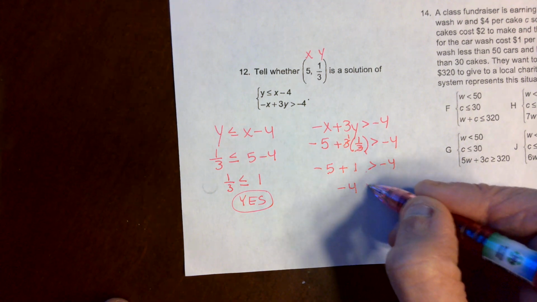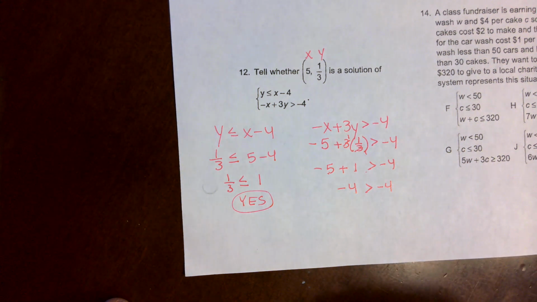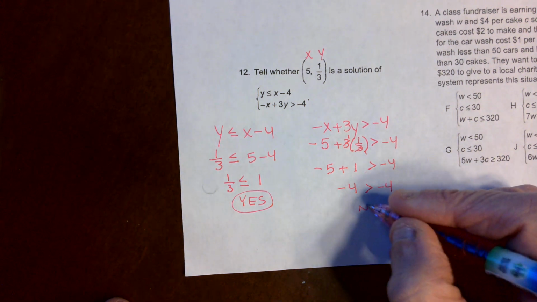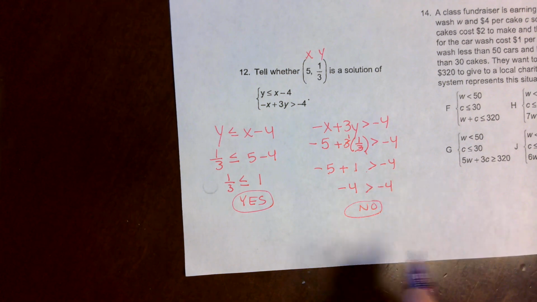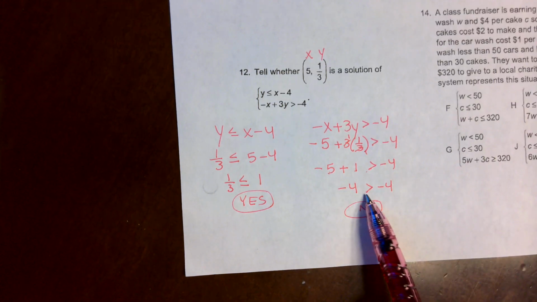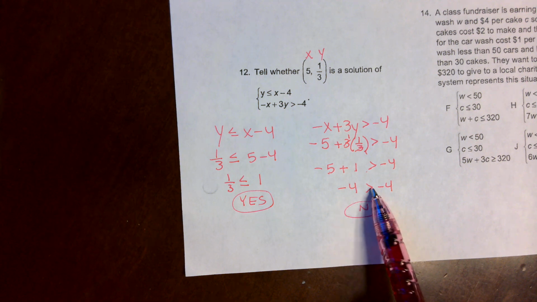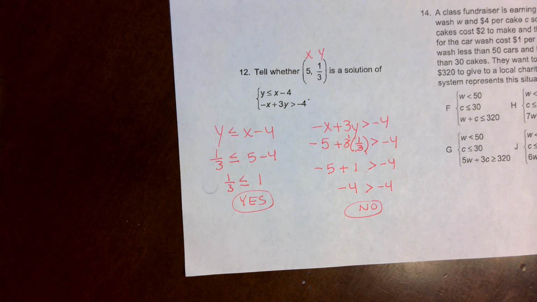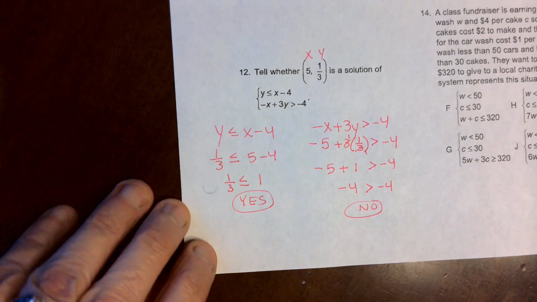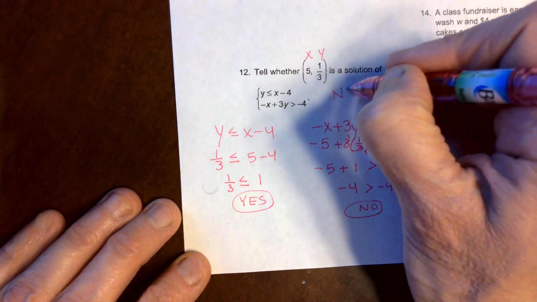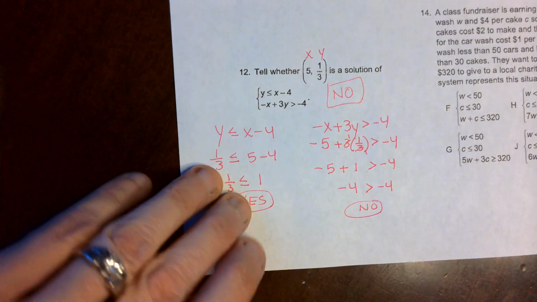Is negative 4 greater than negative 4? No. If this equation had had an equal under it, it would have been yes. But it doesn't. It simply says, is negative 4 bigger than negative 4? No. So be very, very careful about that. So my answer to the question then is no. They both have to be yes, or it's not going to work.